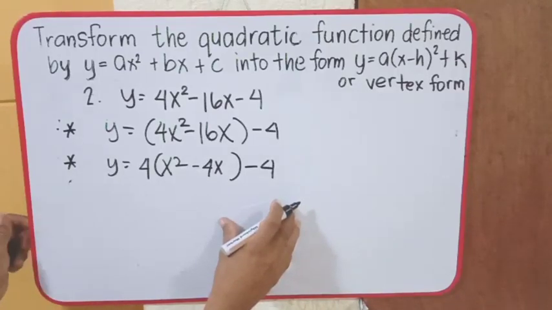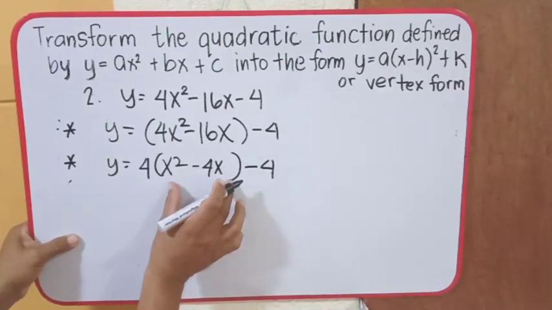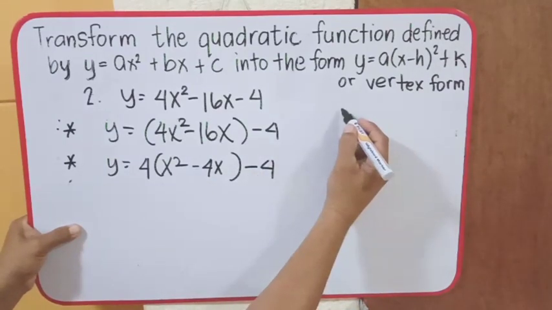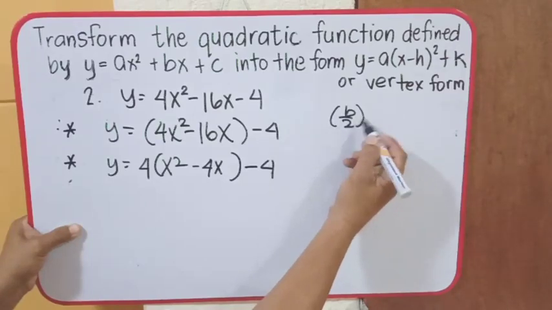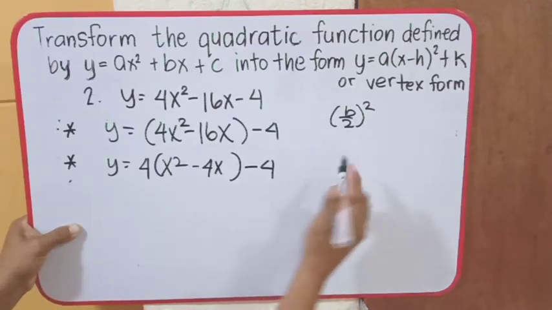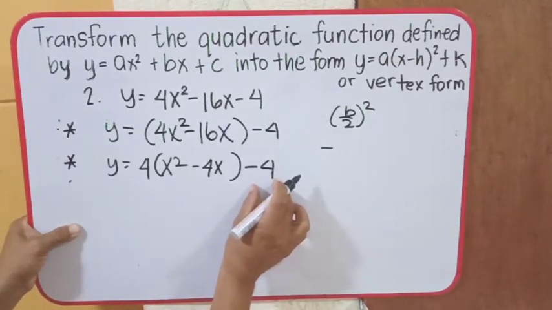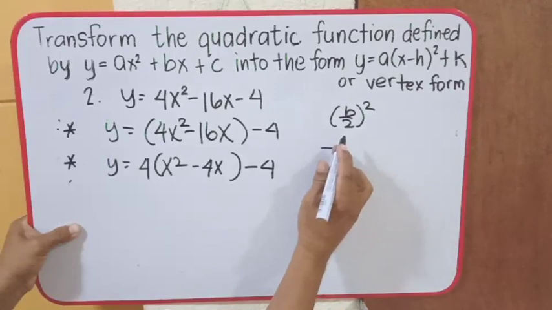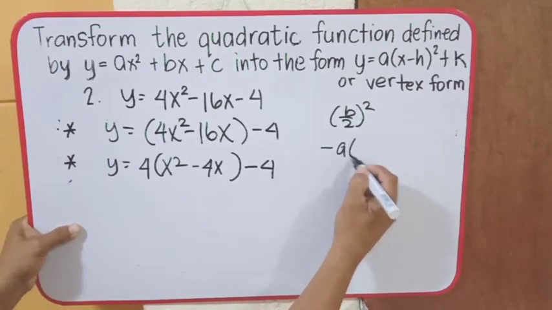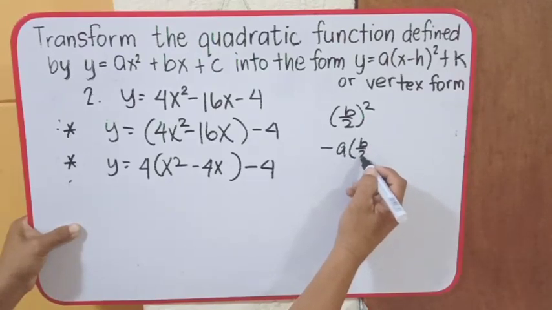Ang third step natin, gagawin natin itong perfect square trinomial. Paano natin gagawin perfect square trinomial? By adding the square of b over 2. Minus, yung constant term natin, ima-minus natin siya ng a times the square of b over 2.